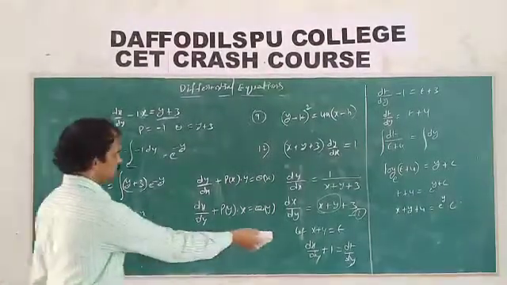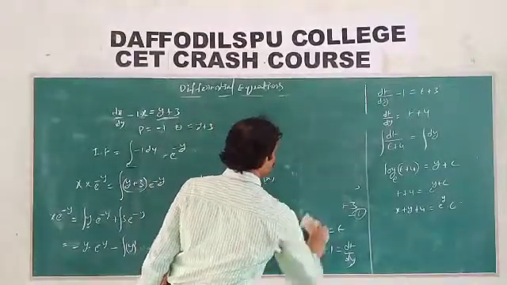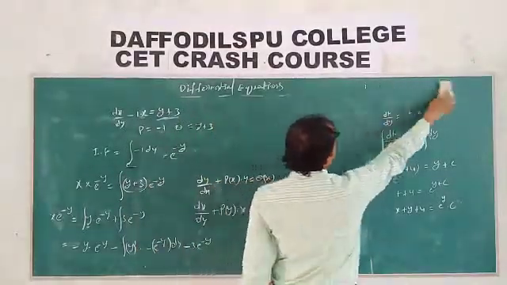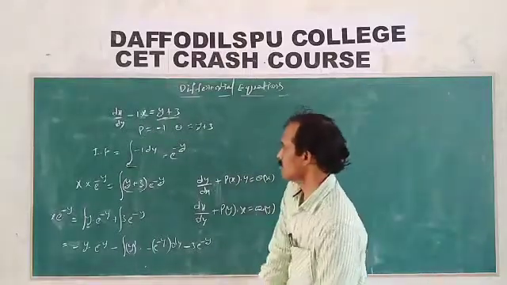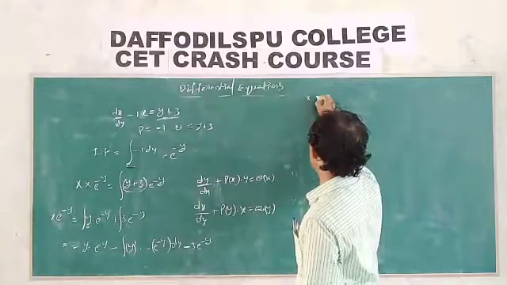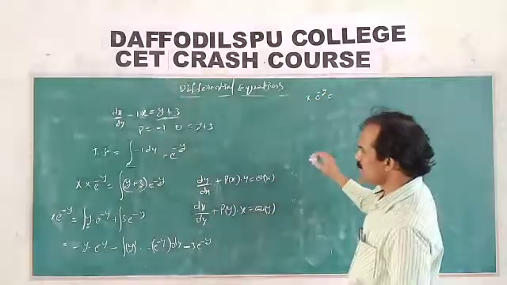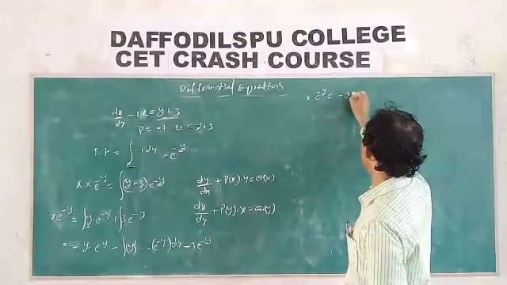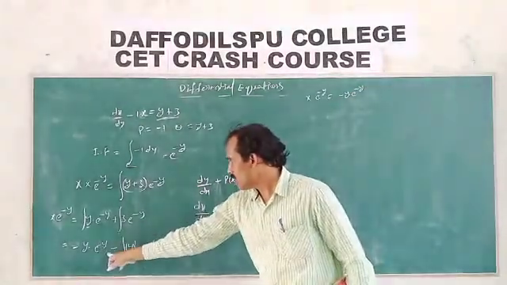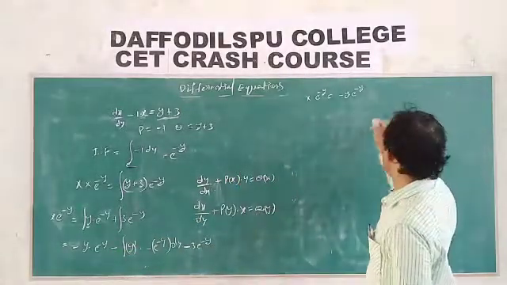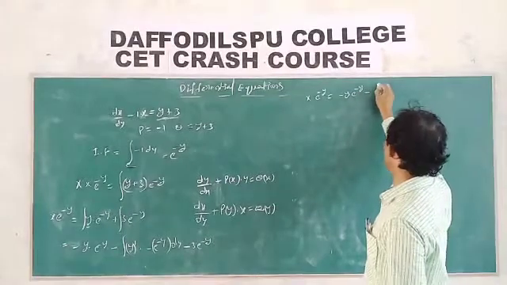Okay students, so what is the answer? x into e to the power minus y is equal to the integration of y into e to the power minus y. The derivative of y is 1, so minus 1 into e to the power minus y, integration, minus into minus is plus, again e to the power minus y.